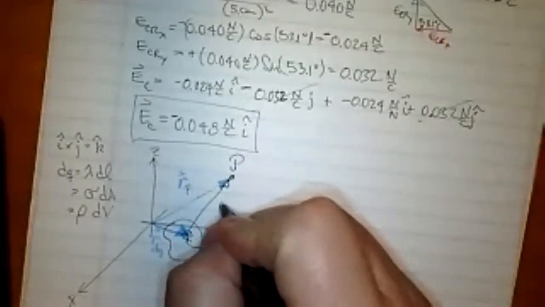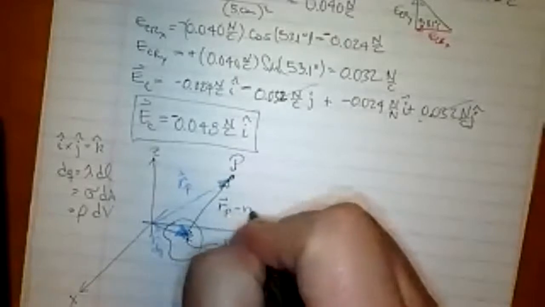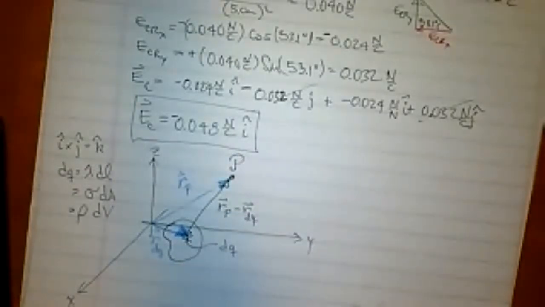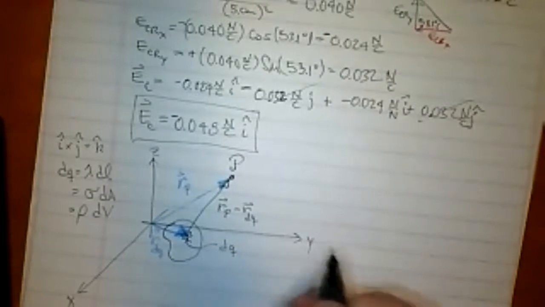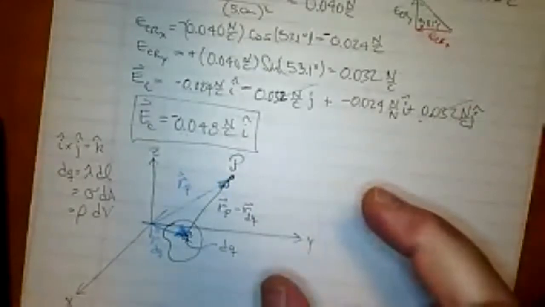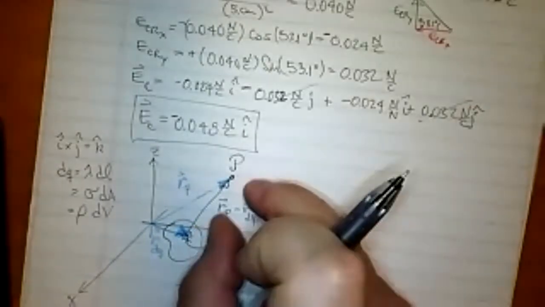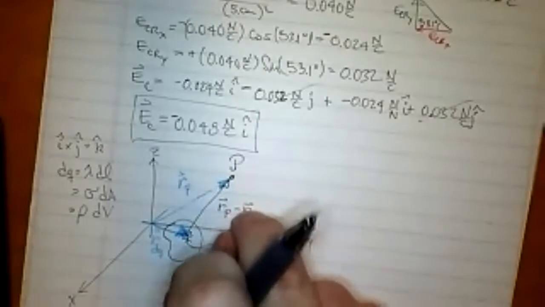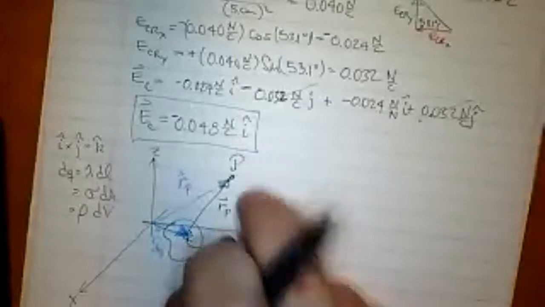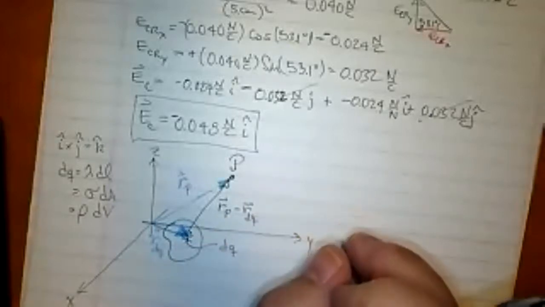So this vector right here is r_P minus r_dq. That's a wonderful thing. Now that we have that, we have a vector that represents the real vector and the electric field direction. So the magnitude of this is actually the d that goes in d squared in Coulomb's law, which, by the way, the E form of Coulomb's law is also called Coulomb's law.